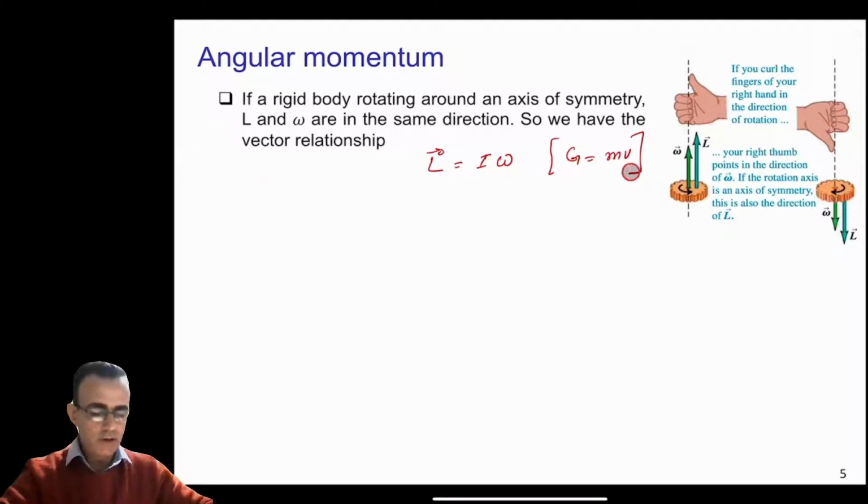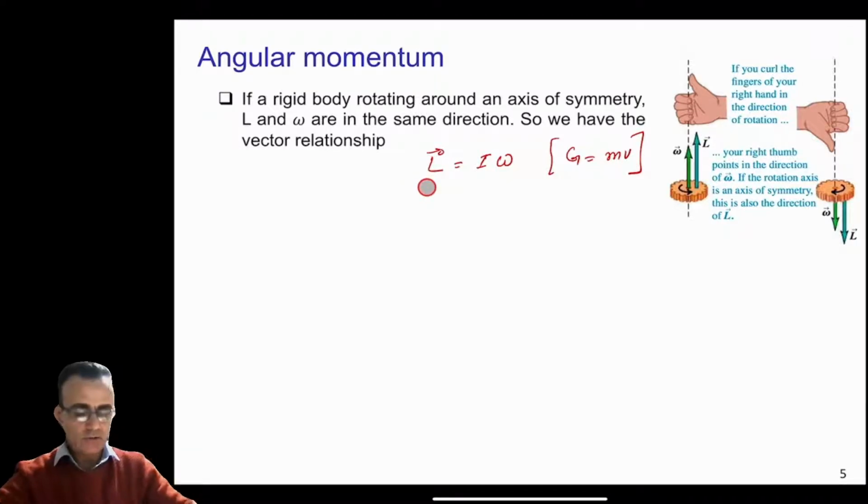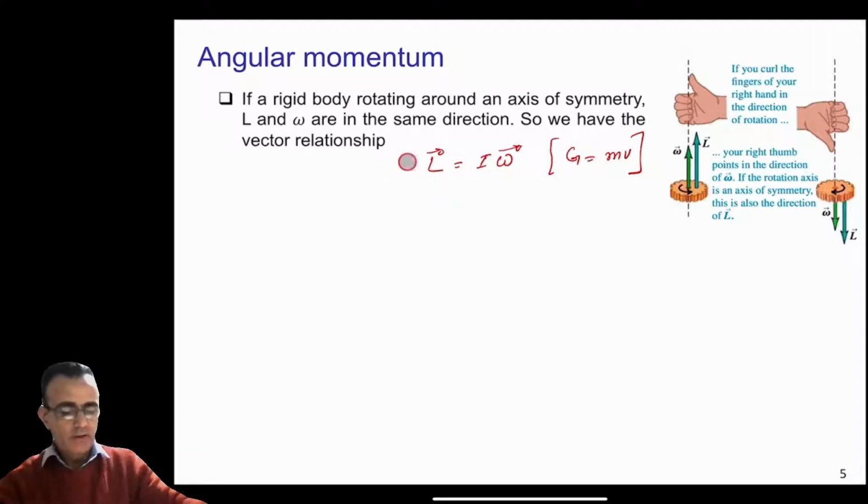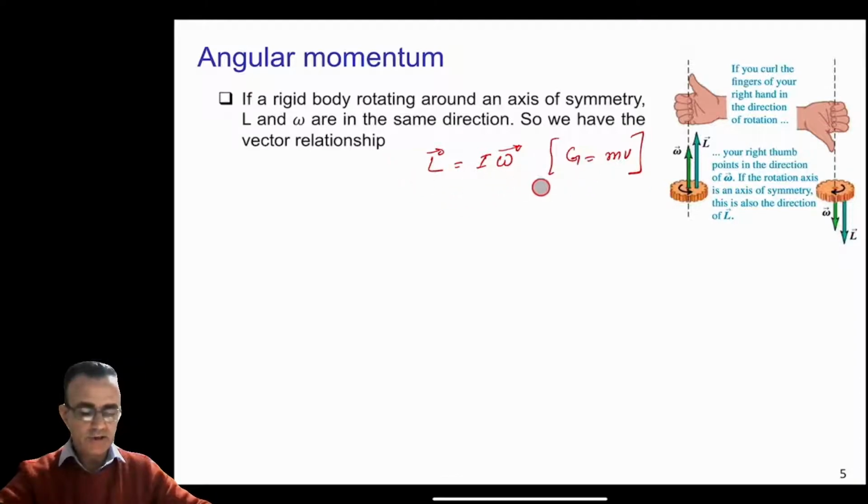For linear motion, the momentum was equal to mass times velocity, and here the angular momentum is equal to I, which is the inertia in rotational motion, and omega is the angular velocity, which is equivalent to v in linear motion. So L is equal to I omega, and L and omega have the same direction, as vectors.